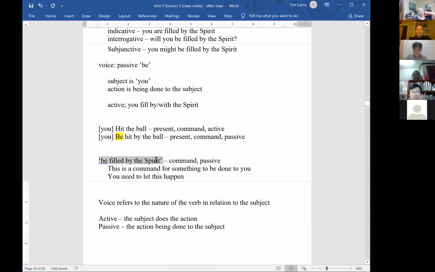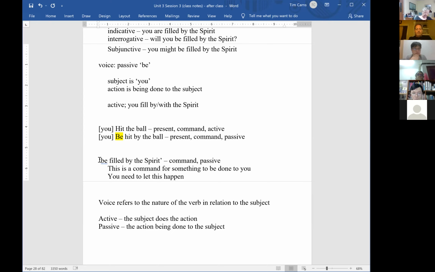Here, in be filled by the Spirit, we have a command, all right, but it's passive. So it's a command for something to be done to the subject, you in this case. But for that command to happen, there is an implied positioning that I must do.